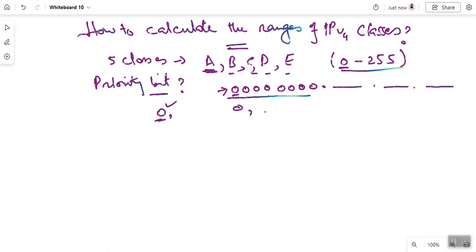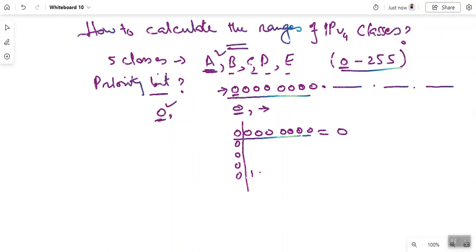Now we have to calculate the last IP address for class A. For that purpose we put all zeros in this octet, and the leftmost bit will always remain 0. If all bits are zeros, then that is equal to 0.